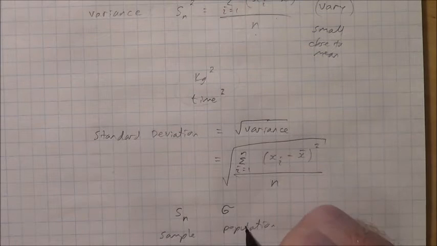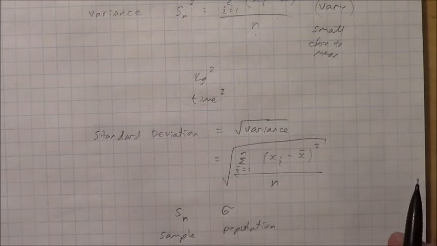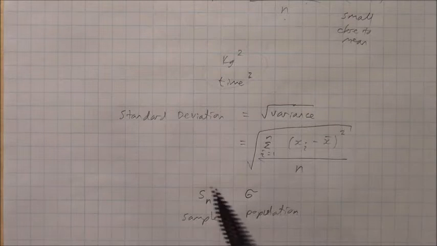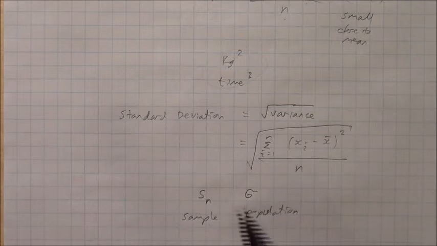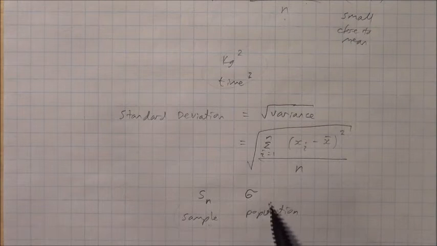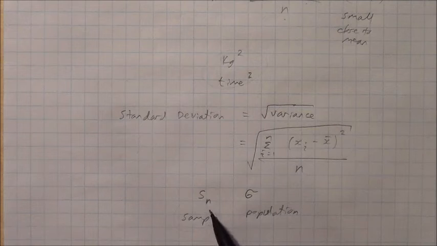But as we've said in the past, if you've taken a proper sampling, so 10% of the population, then the sample will do as a representative of the population. So we don't have to worry about the population itself. The sample will do for those results.